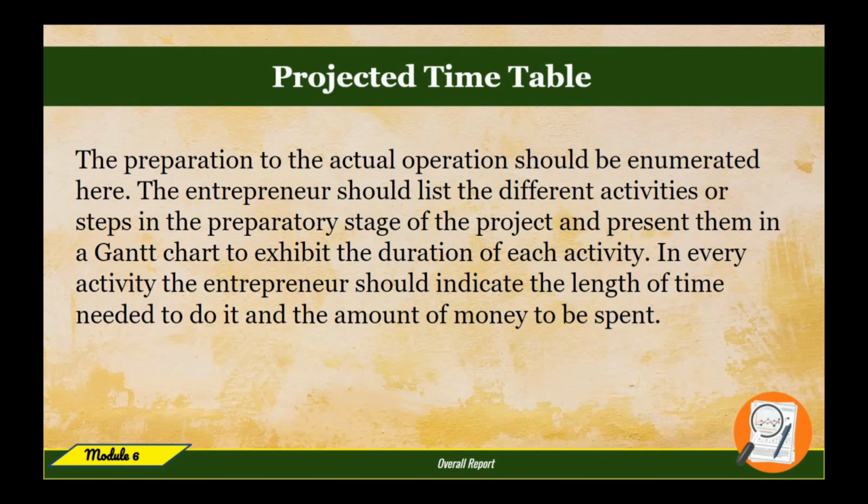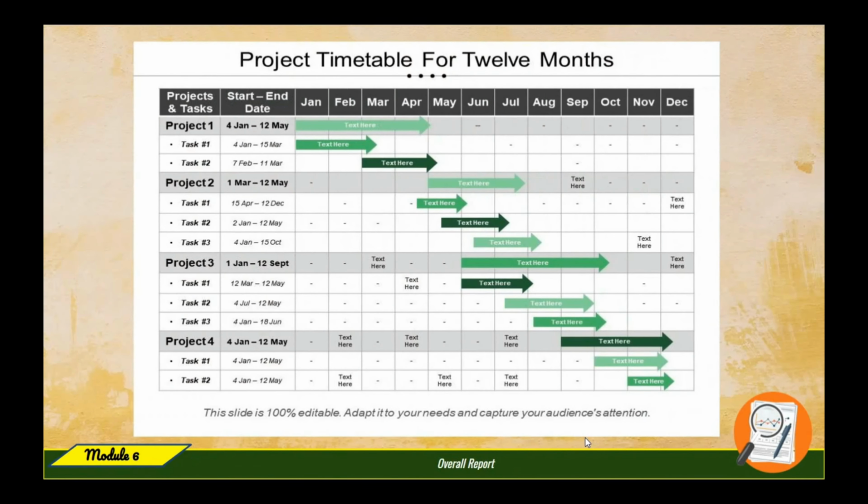For every activity, the entrepreneur should indicate the length of time needed to do it and the amount of money to be spent, no? So ito yung sinasabi kanina sa activity na we need to set a time frame. Next one, we have here the example, a timetable for 12 months.